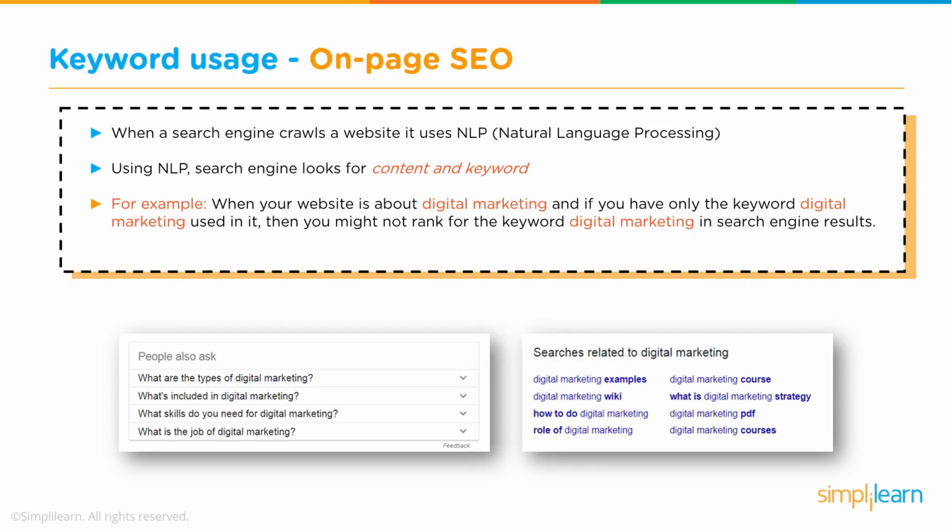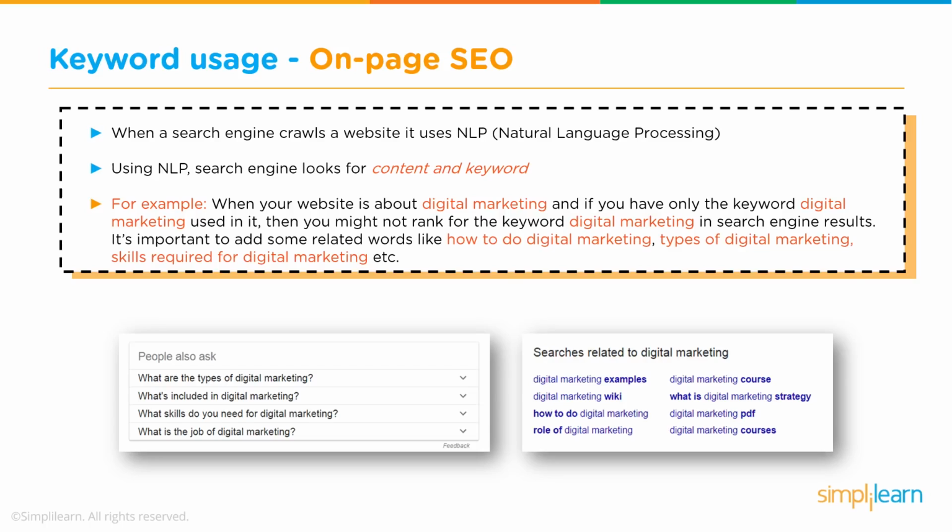Because if you try to rank for the keyword digital marketing, again, it's probably going to be a little bit broad, probably more competition, and not as relevant to your content. And as a result, probably not a good user experience. So think about some other keywords that you could optimize and rank for. And that goes back to the keyword research. That's why the keyword research is so important, because it allows us to identify other keywords in the natural language process. What keywords are more relevant for the content?